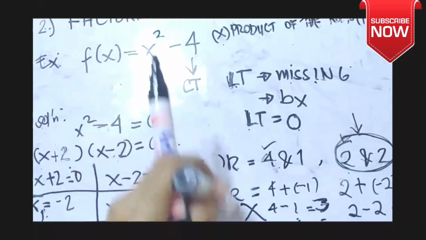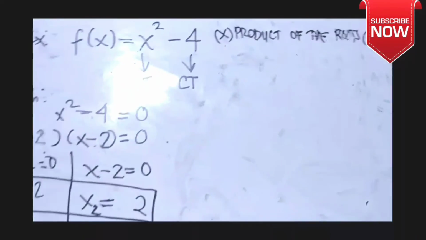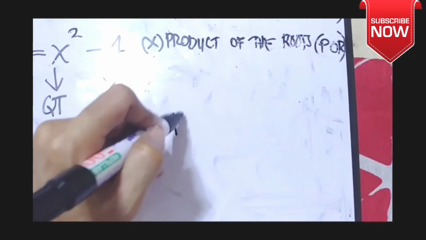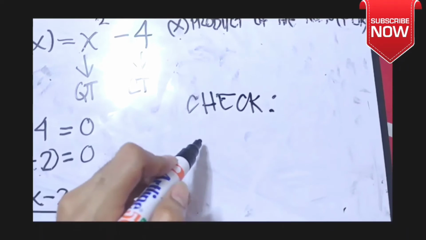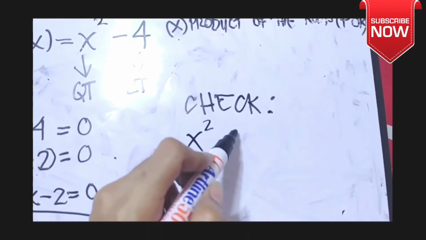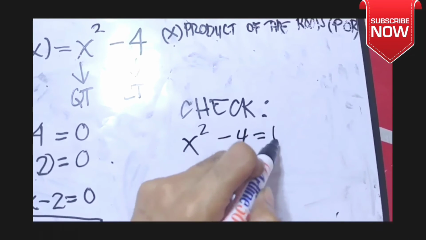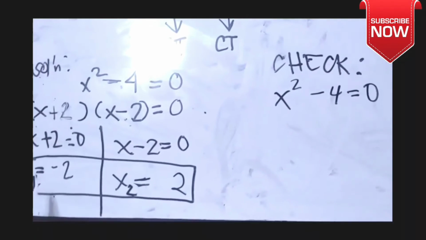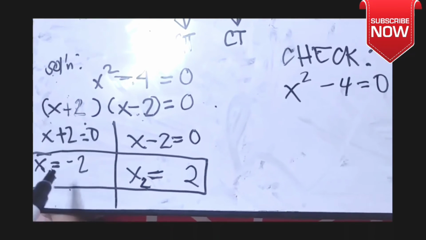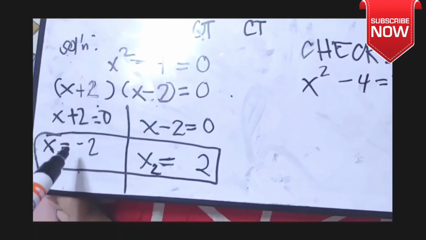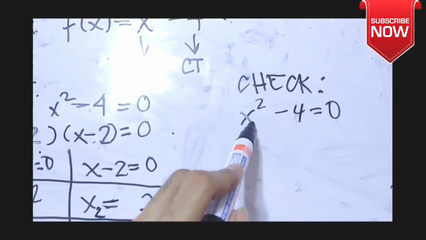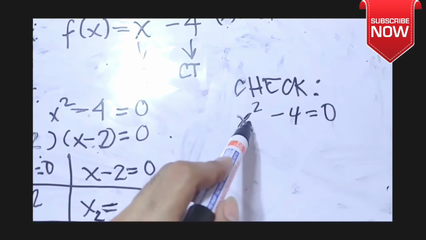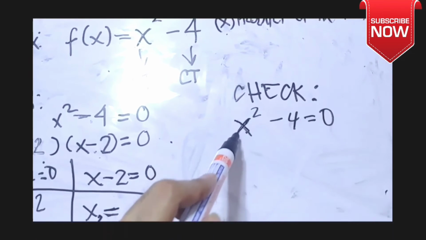So, mag-erase lang tayo. Okay. So, check. Ang sabi ng equation, x squared minus 4 is equal to 0. So, let us try to substitute the first value of x, which is x1, negative 2, isa-substitute natin sa x na to, sa equation na to.